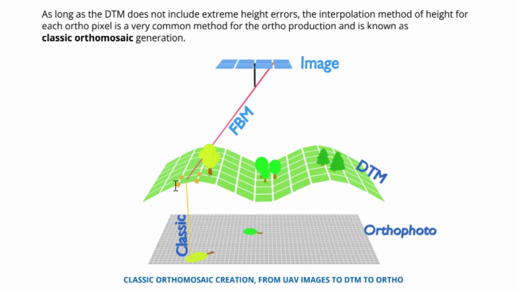It can be somewhere on this green surface. We interpolate its height from the surrounding points, and then we can auto-rectify it, depending on our scaling, to its position on our orthophoto. And therefore you don't need to have the same resolution in the point cloud as in the ortho mosaic in the end.